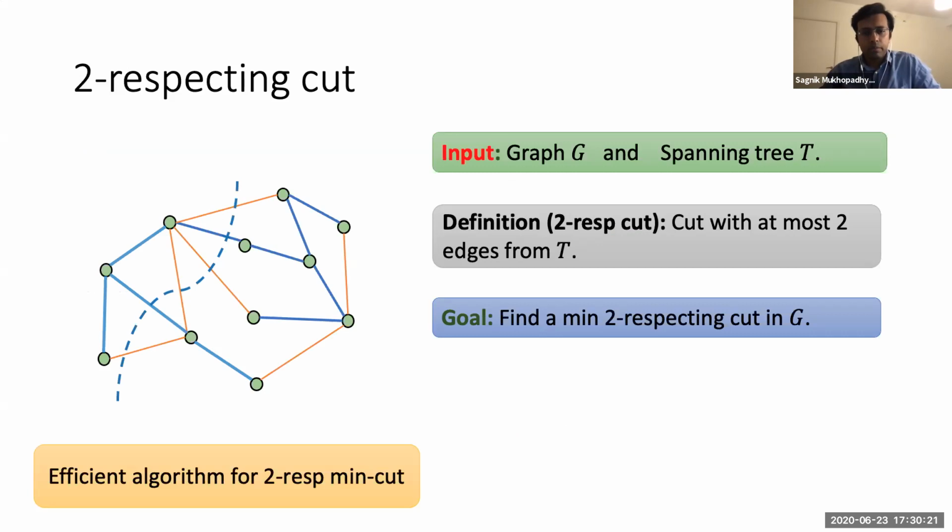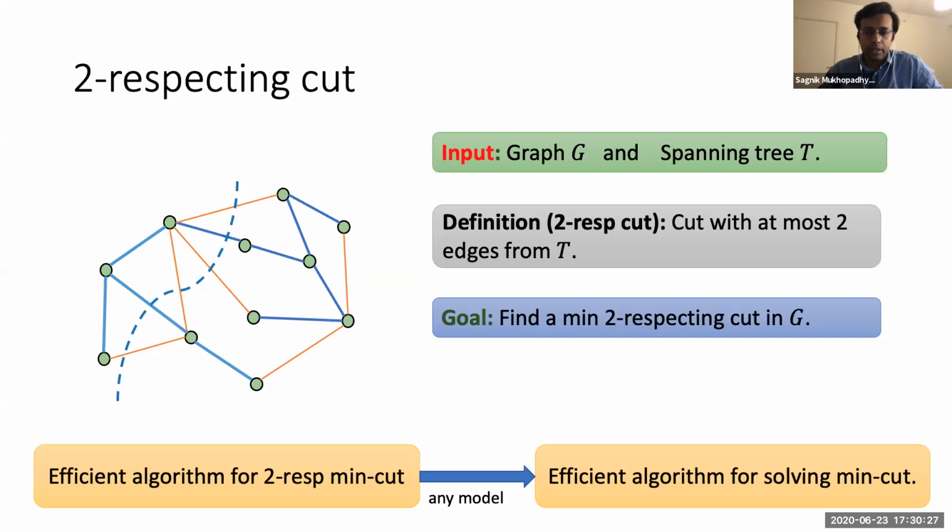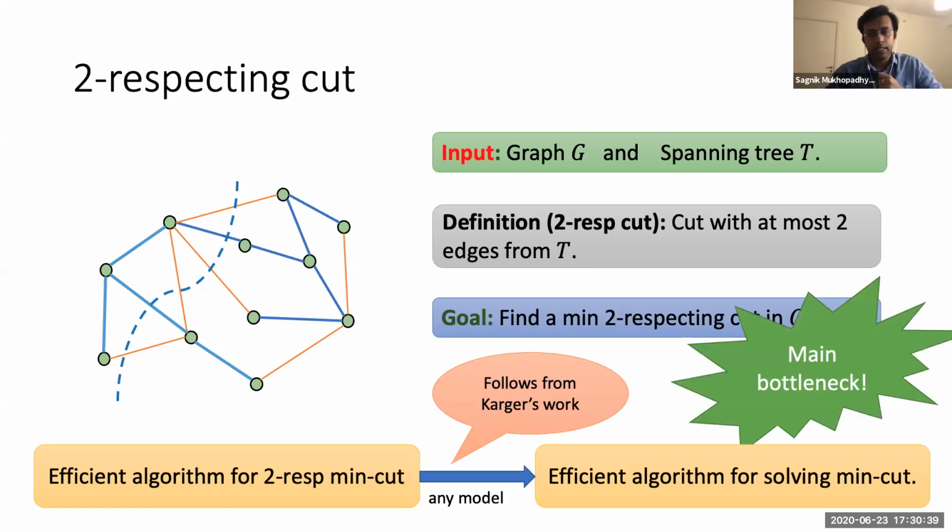It follows from David's work that if one can efficiently solve the 2-respecting min-cut problem, then there is an efficient algorithm for solving min-cut. David showed it for the sequential setting. More or less the same theorem holds for all of the settings we have mentioned. So coming up with an efficient algorithm for the 2-respecting min-cut is the hard part of David's framework, or the main bottleneck.